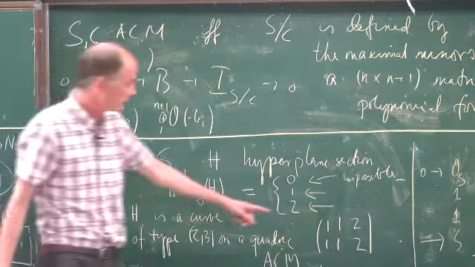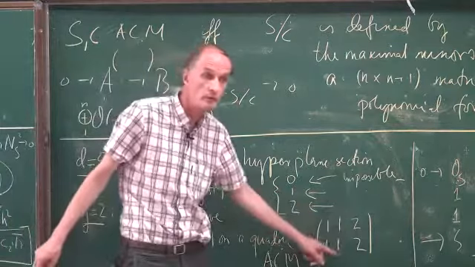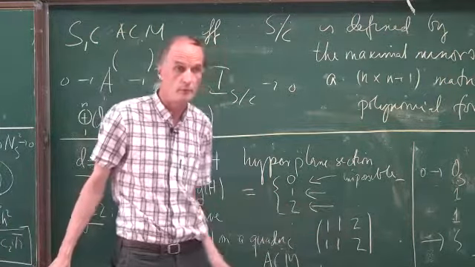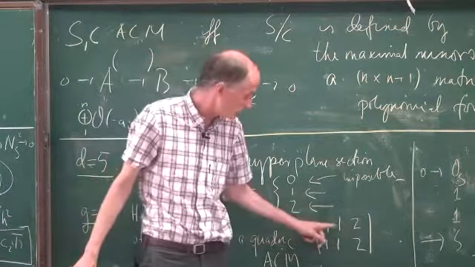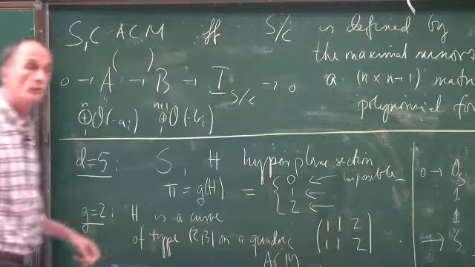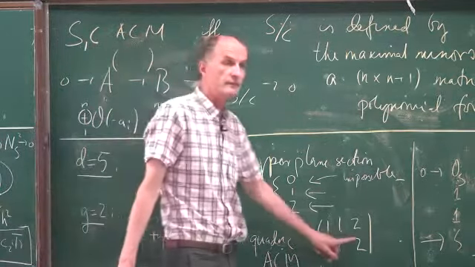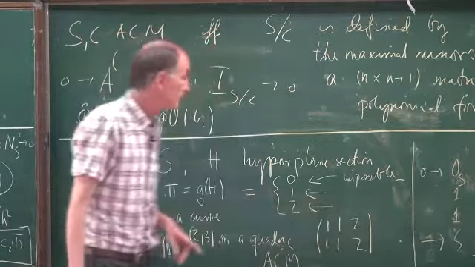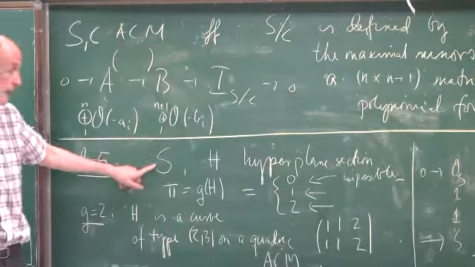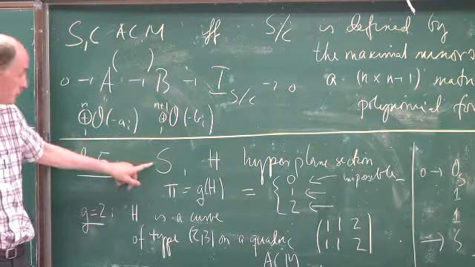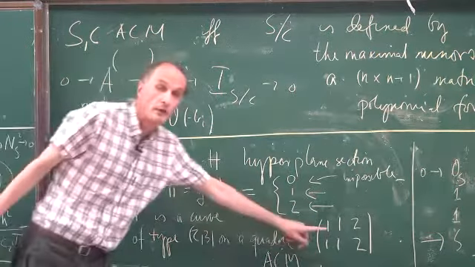You see the minor here is the quadratic surface that it lives on. And then you have two more cubics to generate the ideal. And when this is the case, then the surface is ACM by our argument with the same kind of matrix.